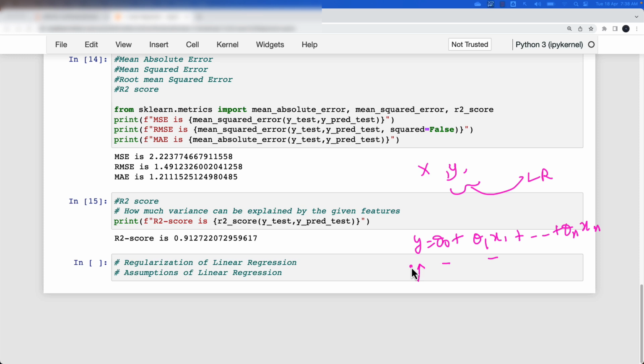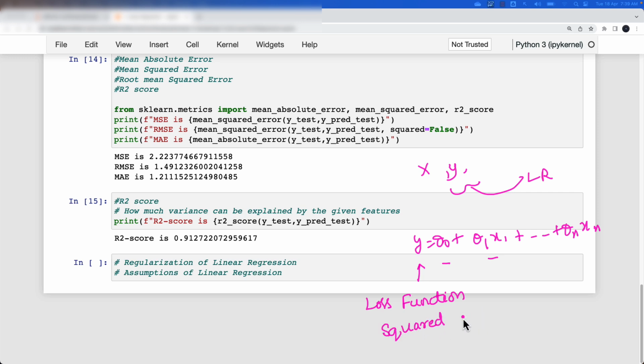In order to reach the best values of theta naught, theta 1, theta 2 up to theta n, the system is going to make use of what we call a loss function. One of the commonly used loss functions is the squared error loss.